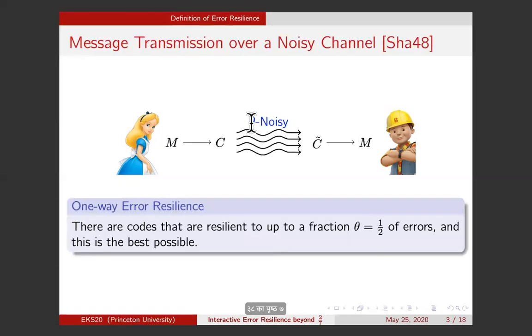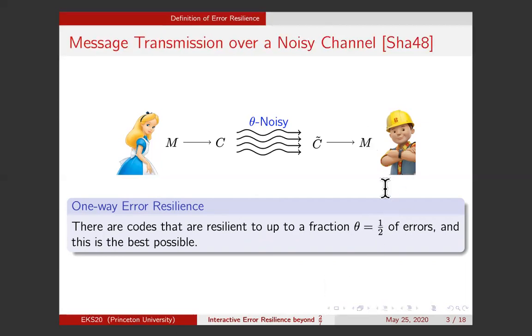Now, one can imagine that the task of constructing such a code becomes harder and harder as the value of theta becomes larger and larger. And a natural question to ask is, what is the largest value of theta for which there exists a code C that will allow Bob to recover M even after a theta fraction of the bits are corrupted? The answer to this question is well known and happens to be 1/2.